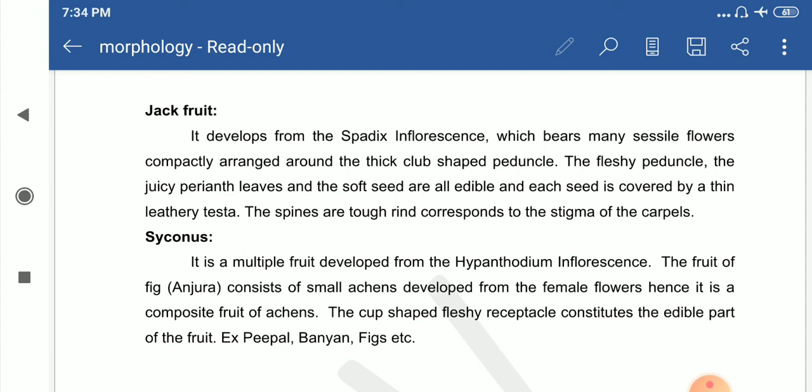Fruit helps in the reproduction of plants, and also the fruits provide nutrition to human beings. Okay, so this is an account of the fruits. I hope you get the concept. If you have doubts, you can clarify them.